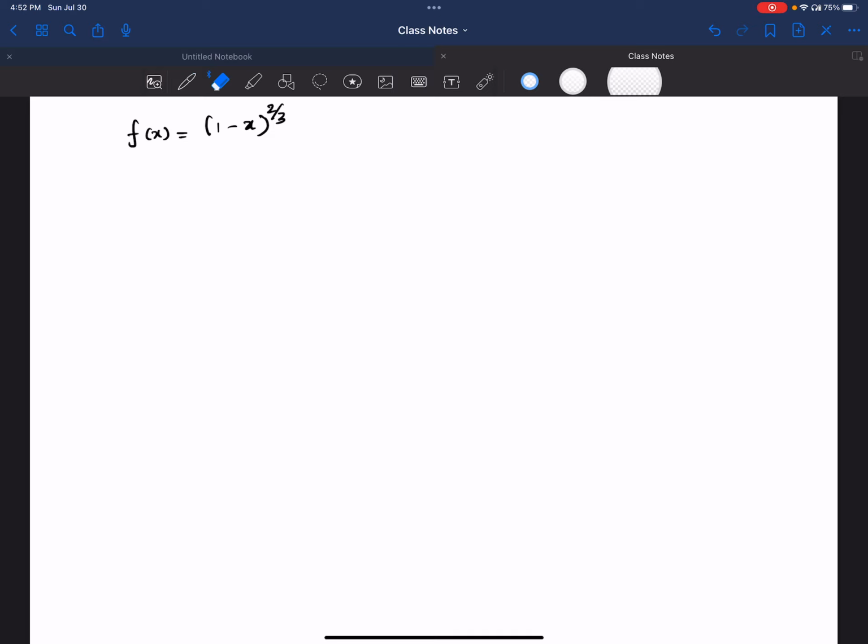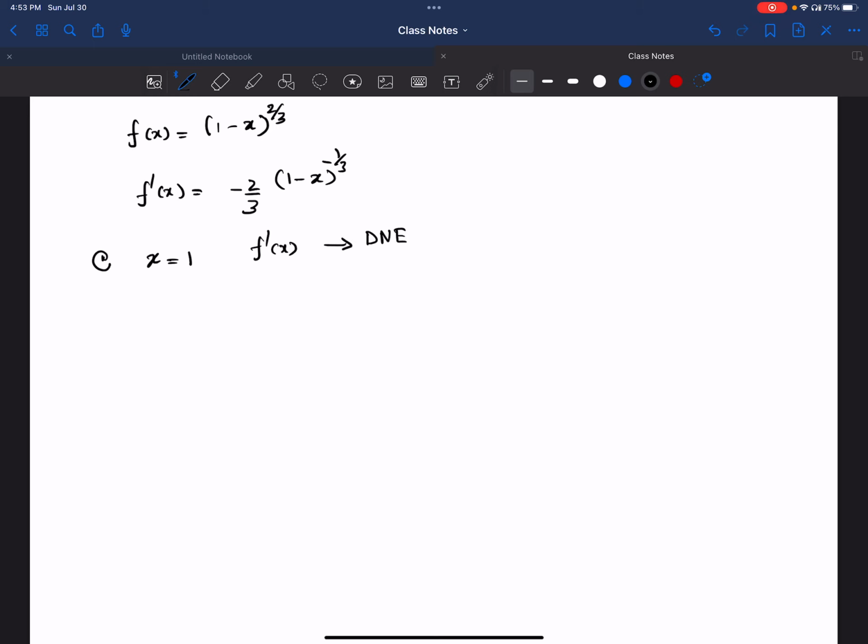You need to find critical points, so you need to find f prime of x, which is negative 2/3 times 1 minus x to the power negative 1/3. At x equals 1, f prime of x does not exist. So that means it's a critical point.